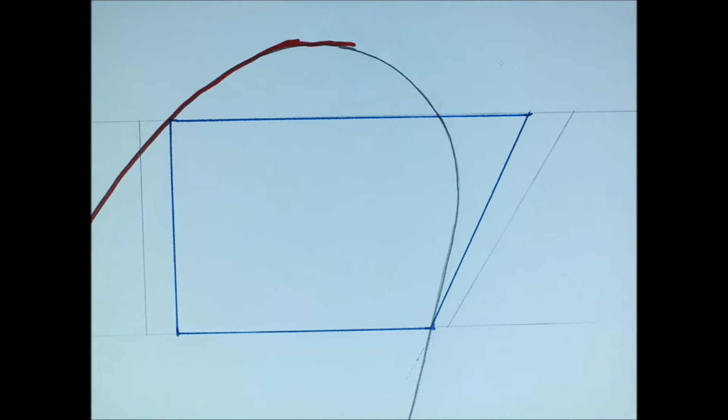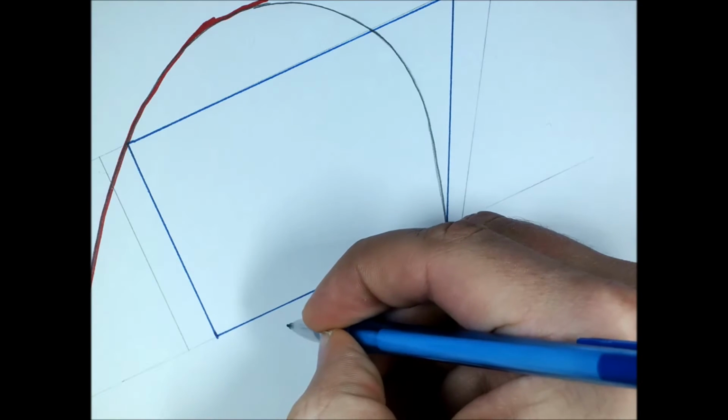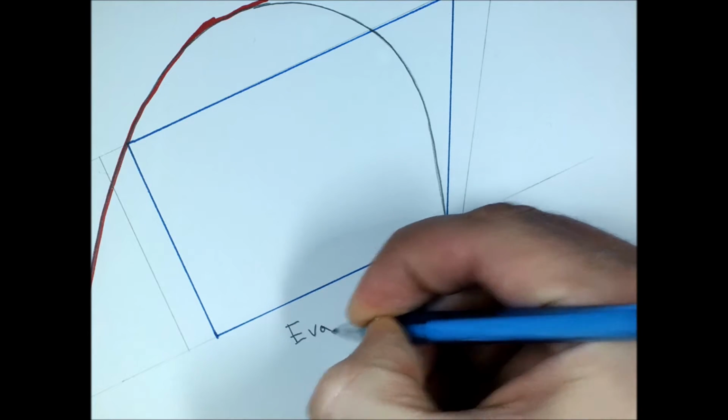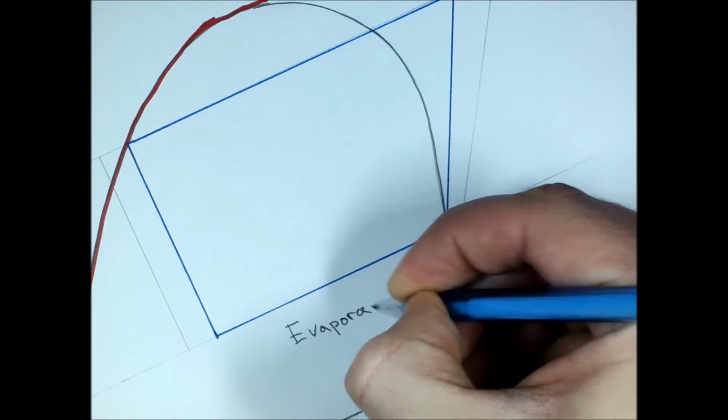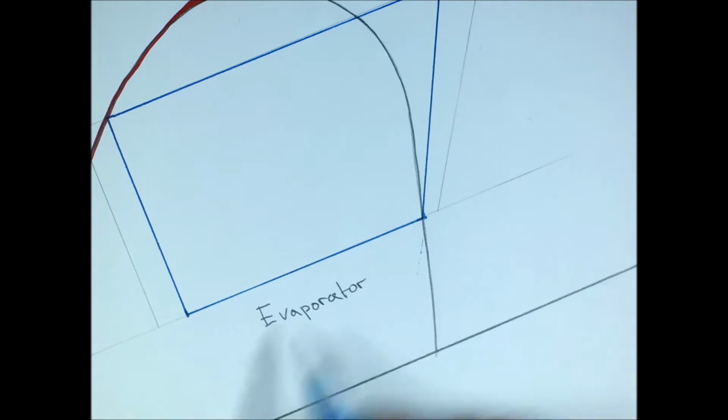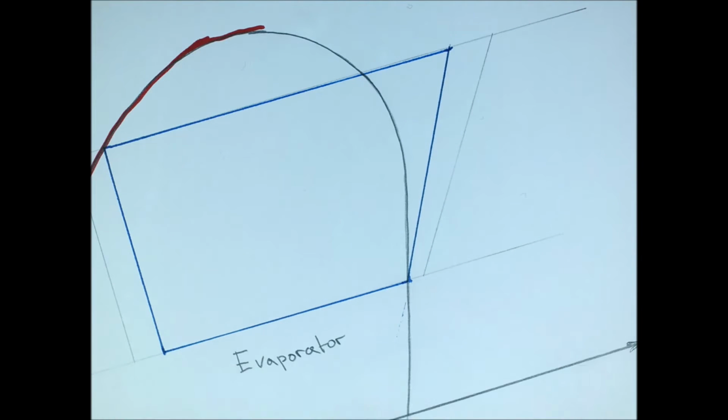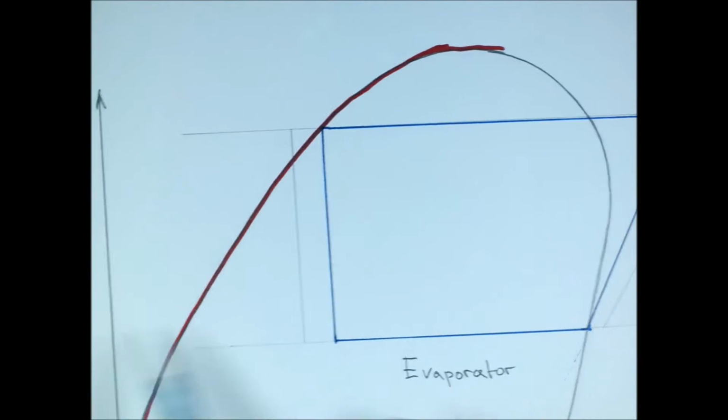Okay, so what do we have here? Let's start by labeling a few things. Now, the first thing that I would like to mention is that this diagram has a very nice physical interpretation, and this means that each of the sections of the diagram corresponds to a physical component of the refrigeration machine. So here at the bottom we have the evaporator, which operates at some low pressure, as we can see relative to the y-axis.